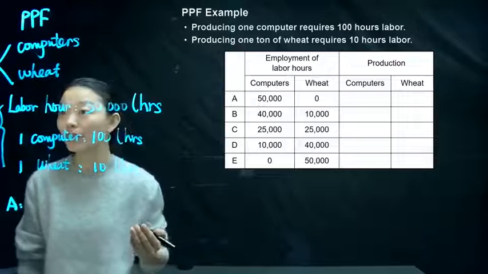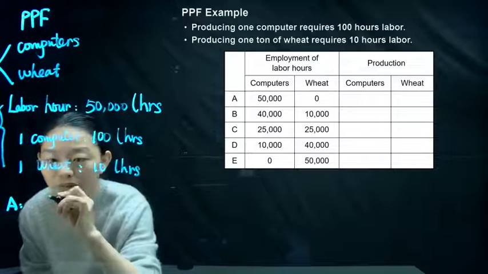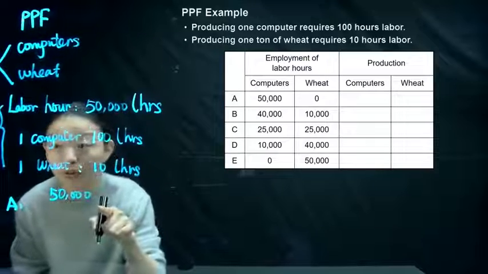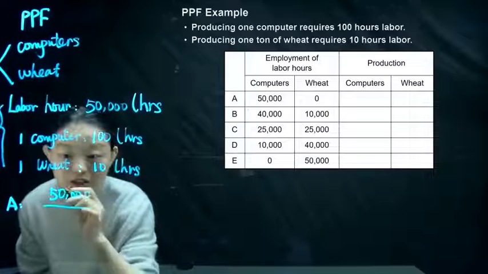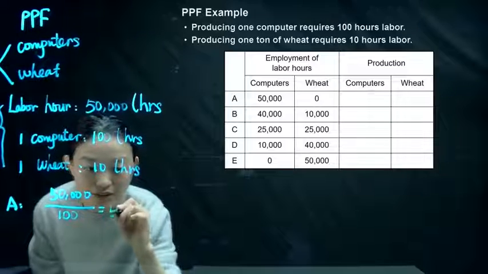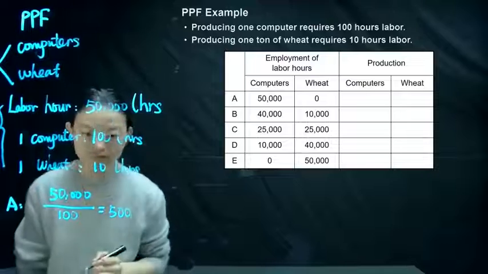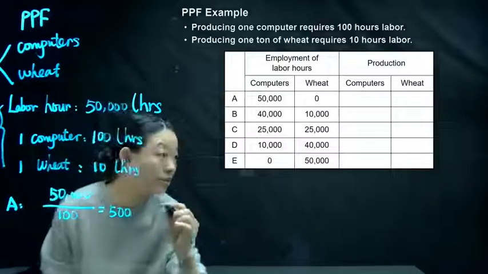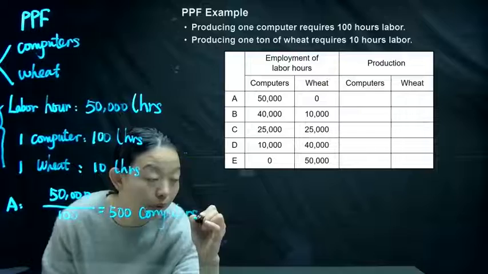So can you tell me how many computers will be produced based on this information? We know all the labor hours were spent in computer production, and producing one computer needs 100 labor hours. So we can use 50,000 labor hours divided by 100, which gives us 500 computers.